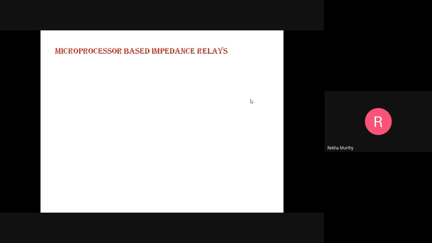That is one method. The second method is that the microprocessor takes samples of the voltage and current signals over a full cycle or a half cycle in order to compute the VRMS and IRMS. Then the line impedance will be computed from these quantities, and again you have to identify if the fault point lies within the protected section, then a trip signal is issued.